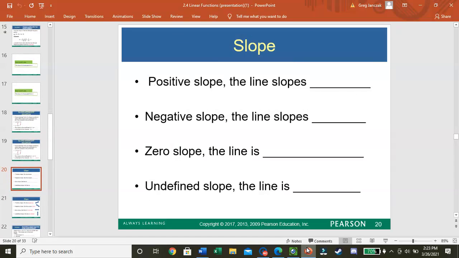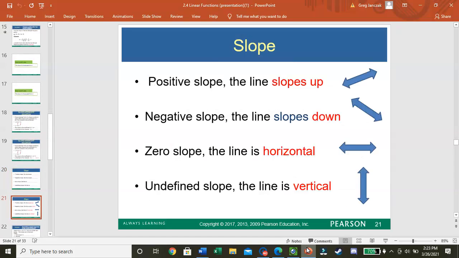Okay, slope. Positive slope, the line slopes up. As you're moving from left to right, the line moves up. It's like going up a hill when you're going to the mountains.